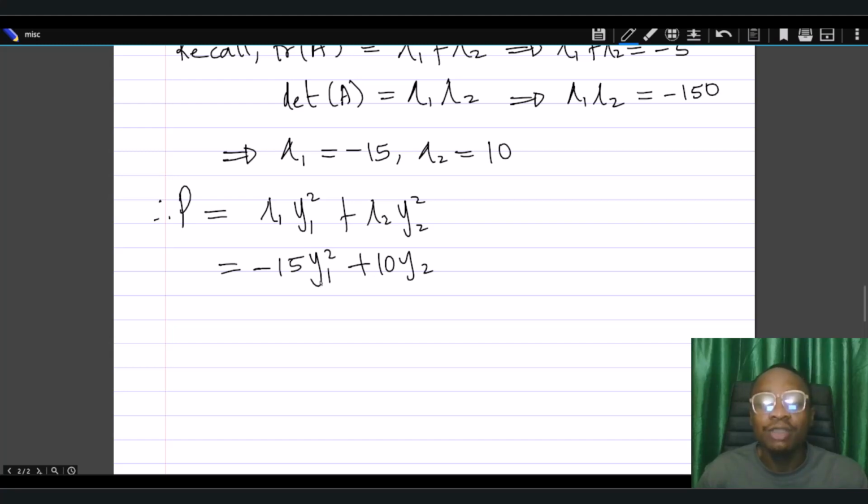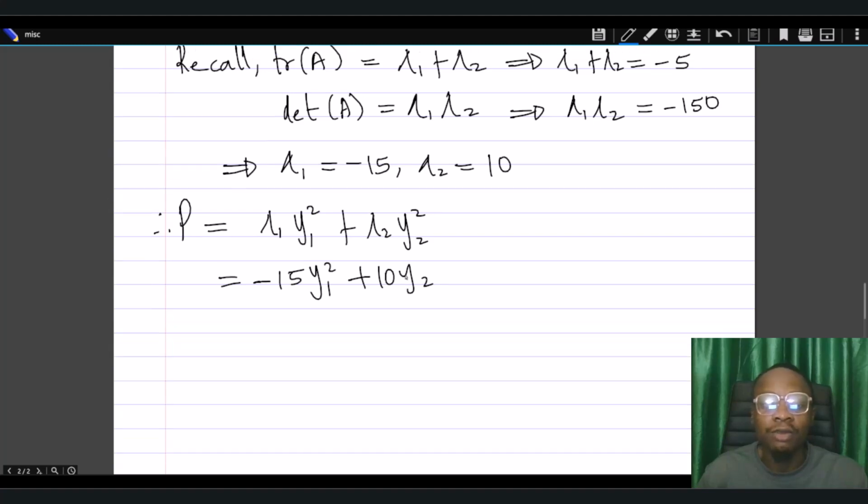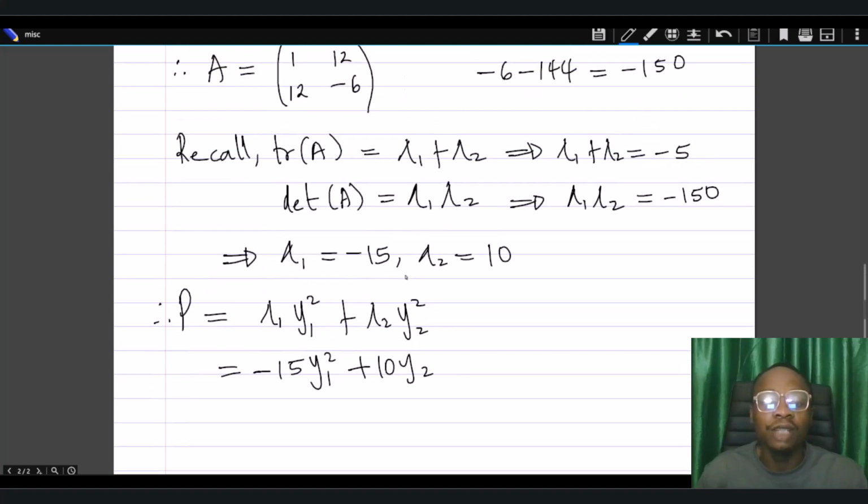So we know the final result at the end of the day would be the new variable squared multiplying the first eigenvalue for the matrix, plus another variable multiplying the second eigenvalue for that particular quadratic form. Okay, so that is how to deal with it.